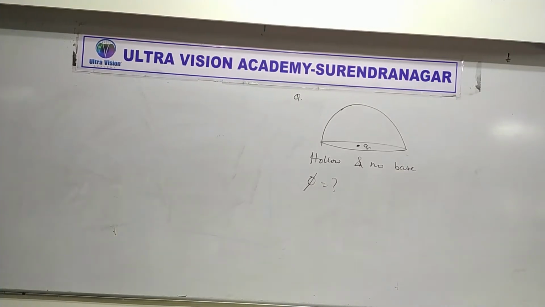Raise your hand if you have got an idea. Yes, Dhruv. Q by 2 epsilon 0. Q by 2 epsilon 0. Wrong. Why?